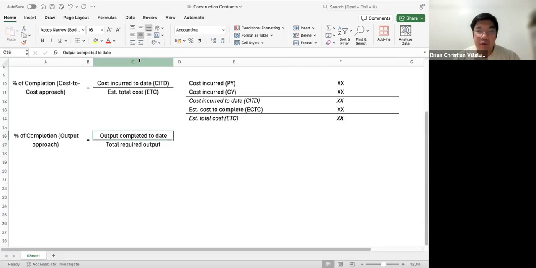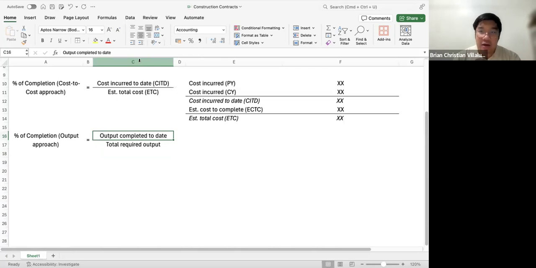So yung ating computation ng percentage of completion using the output approach is very similar to your percentage of completion using the cost-to-cost approach. Except that yung pag-output approach nakabase tayo sa outputs, yung sa cost-to-cost natin nakabase naman sa cost.